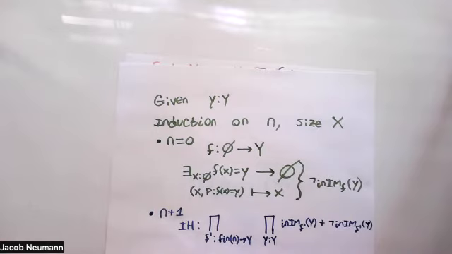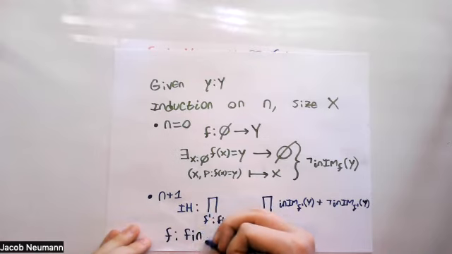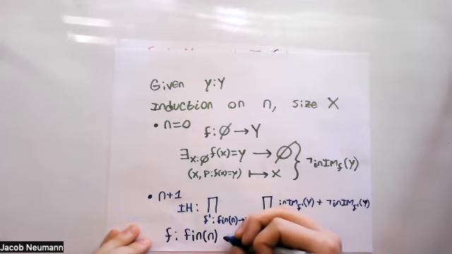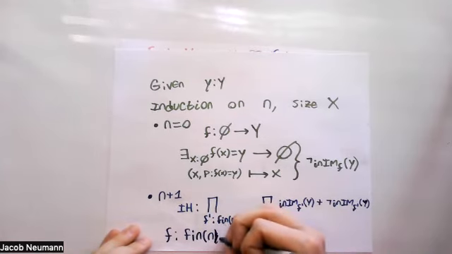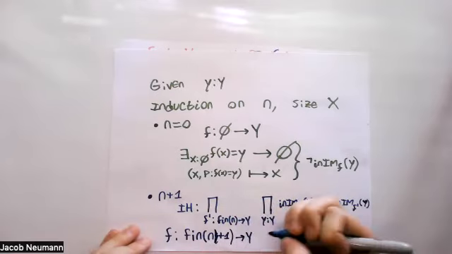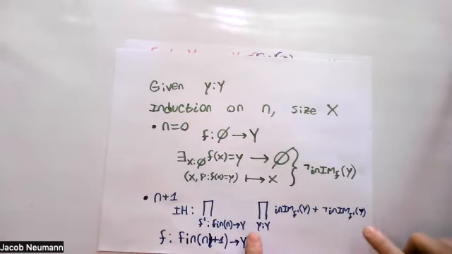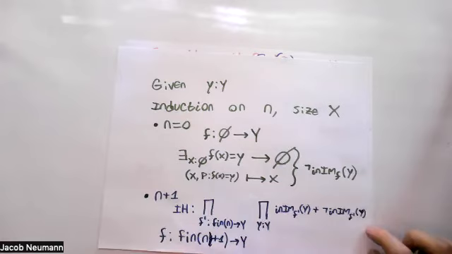And so now we take some f from fin of n plus 1 into y, and we want to show that this is decidable equality for f instead.